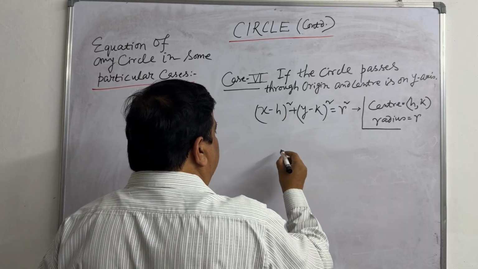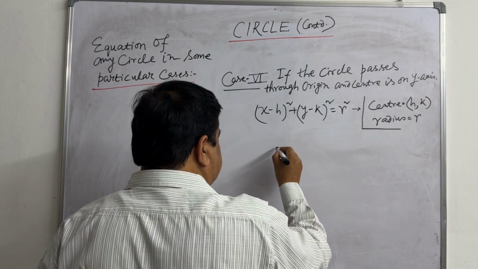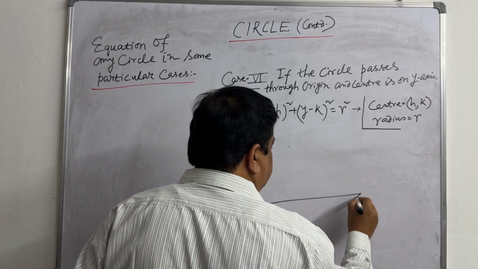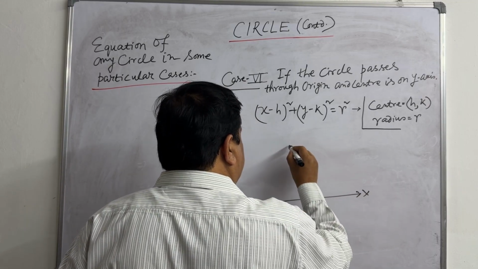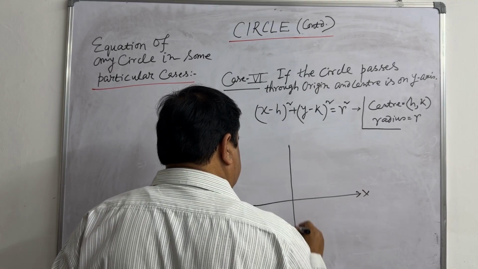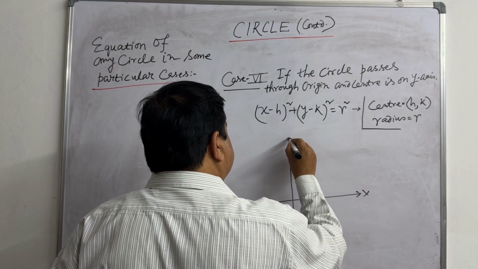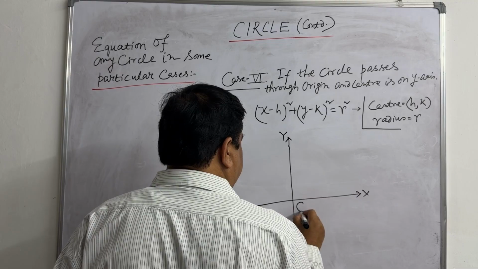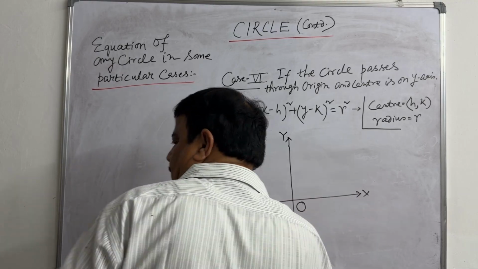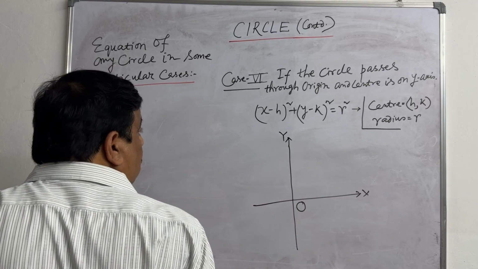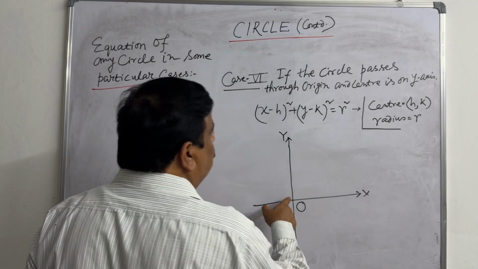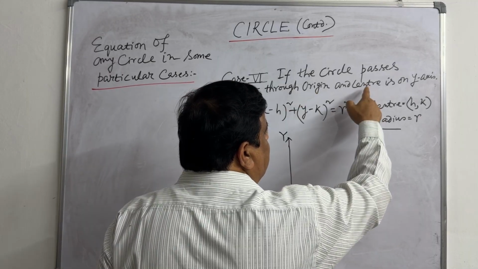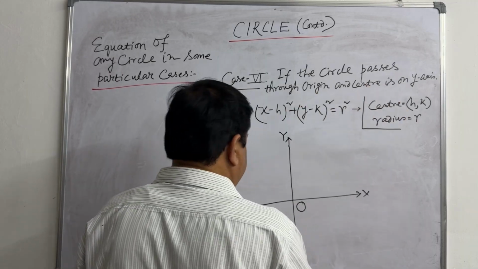Draw the circle in the coordinate system. This is say x axis and this is say y axis. Here is your origin. So what will be the circle? It will pass through the origin. Number 1, the center will lie on the y axis.